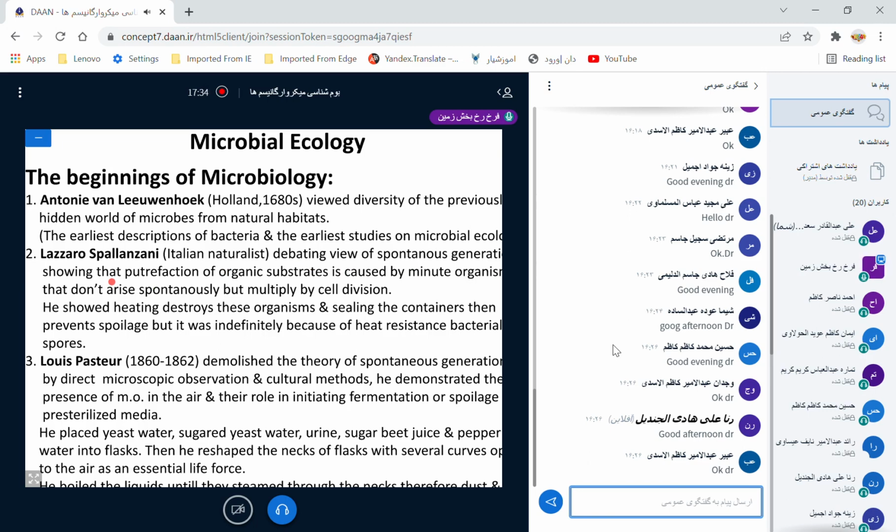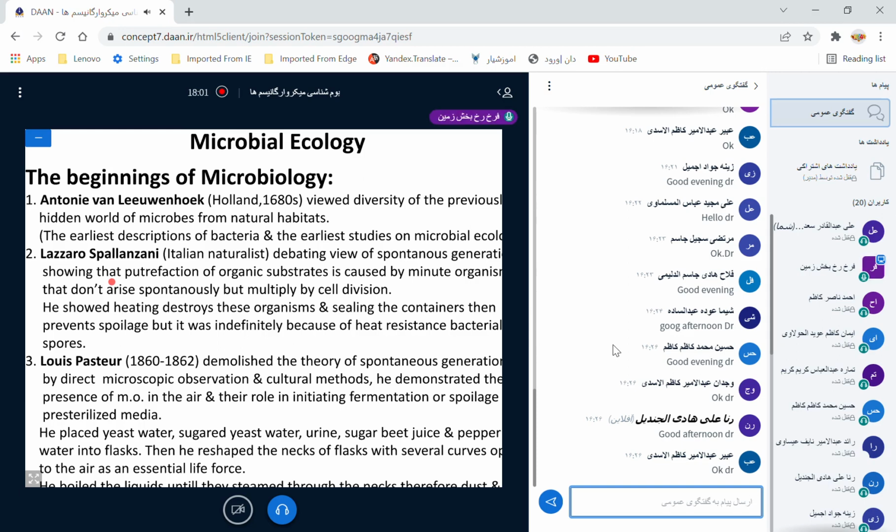He put some liquids in different flasks and boiled them. By boiling, he tried to kill the microbes, and he could. Then, after finishing the boiling, he completely closed the opening of the flask.